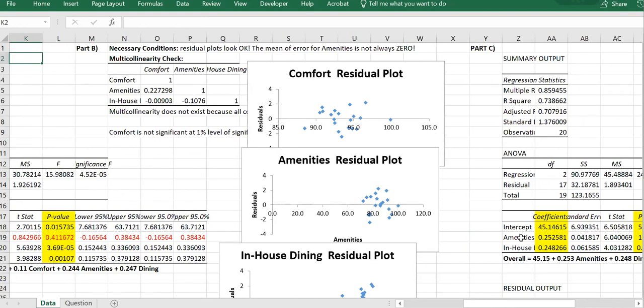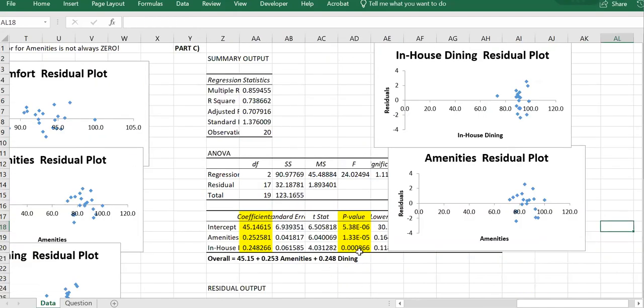Between amenities and in-house dining, we have a correlation of minus 10% or 11%. So that, again, is not a problem. I can go ahead and say both variables are significant at 1% level of significance.